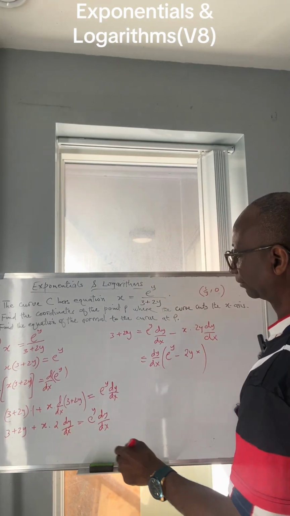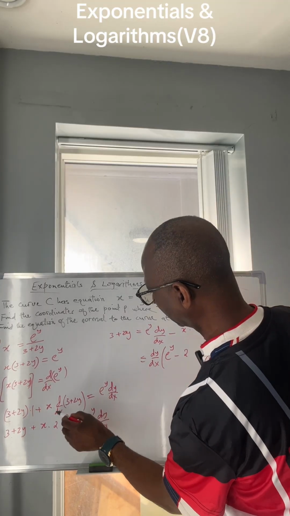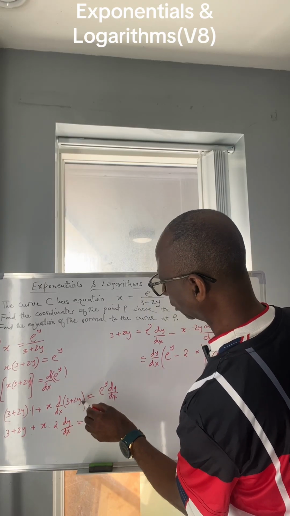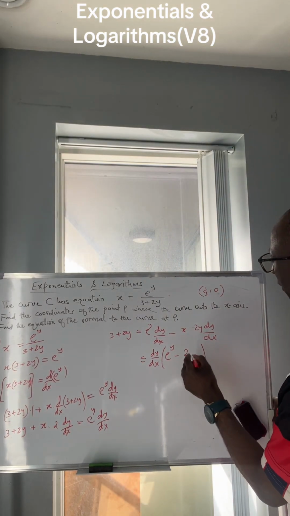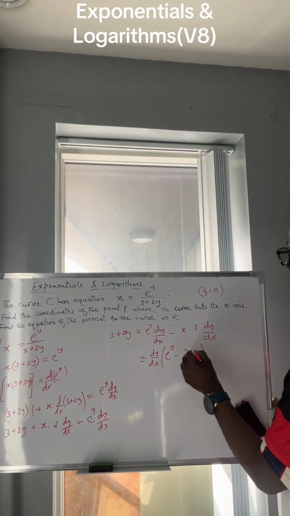The mistake here, yeah, this is where it goes wrong. When you differentiate this, you get dy dx. You are differentiating only y here. So you have your x here. That's why you have only 2x here. There is no y. 2x.